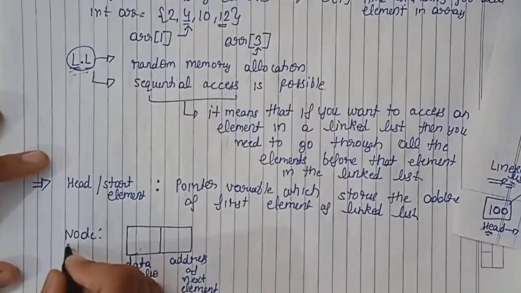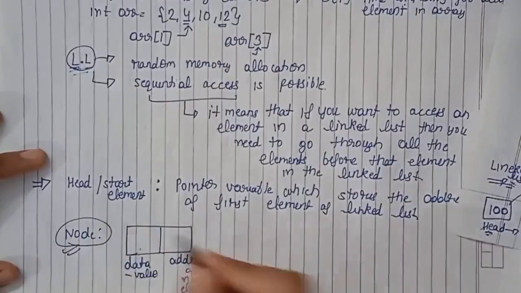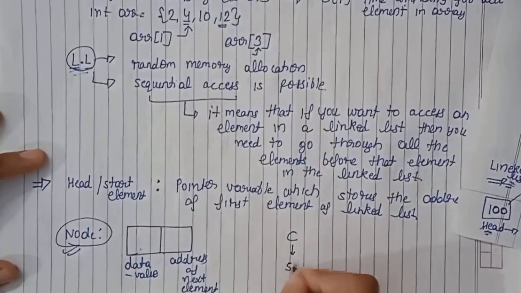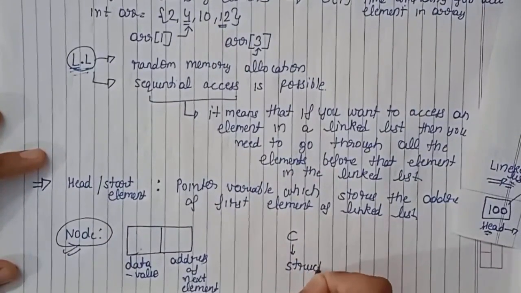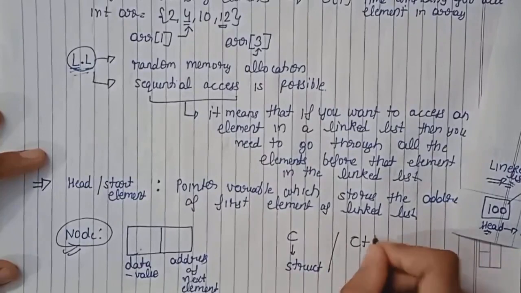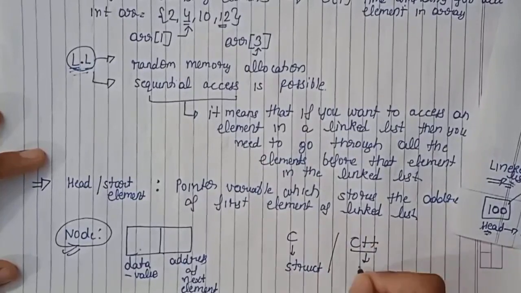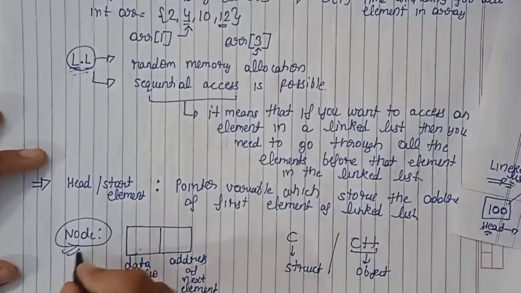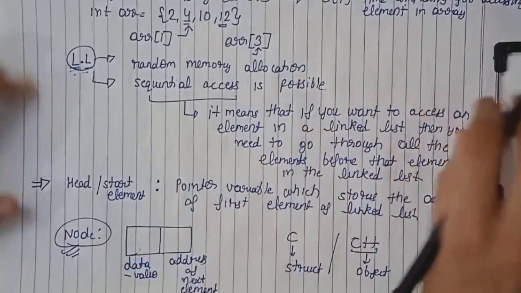Now how will we create this node in our code? In C language this node can be created using the struct data type, and in C++ it can be created using object oriented programming, that is the concept of classes and objects. Let us see the code for creating the node.